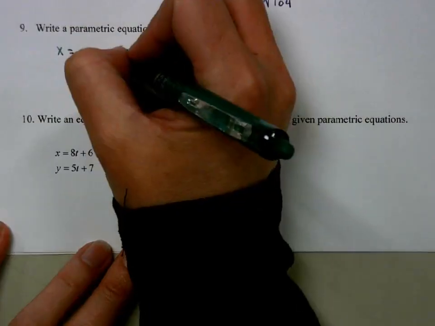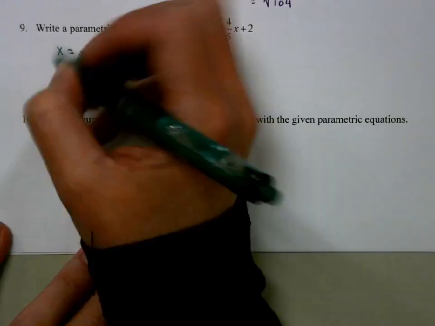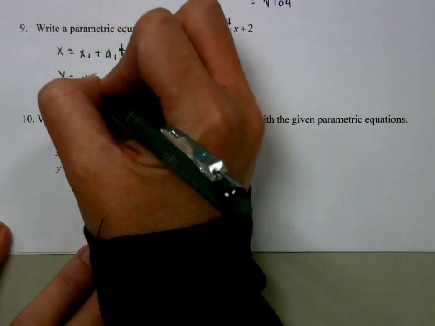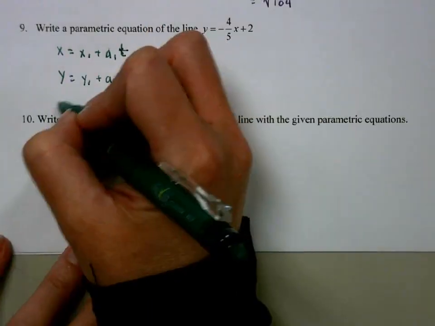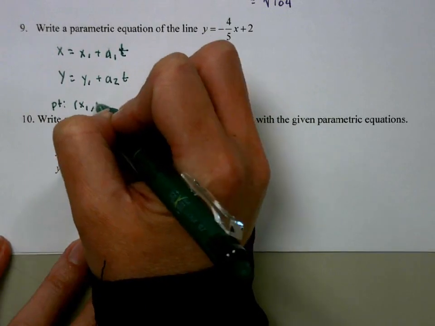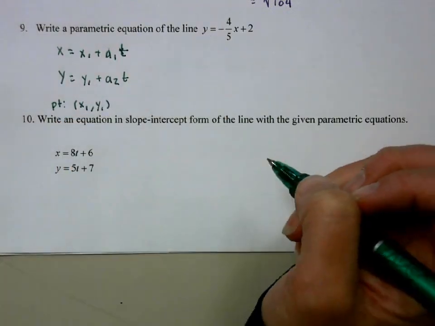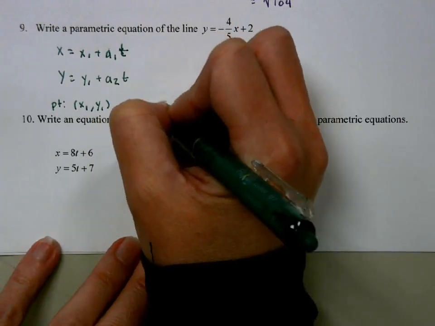Y is y1 plus a2 t. A point on the line is any x1, y1. So any points on the line can go there. And then a1, a2 is our direction vector. So this is going to be my change in x, this is my change in y.